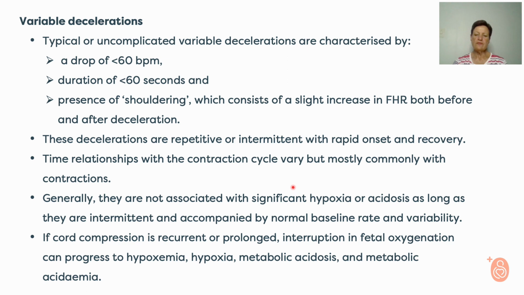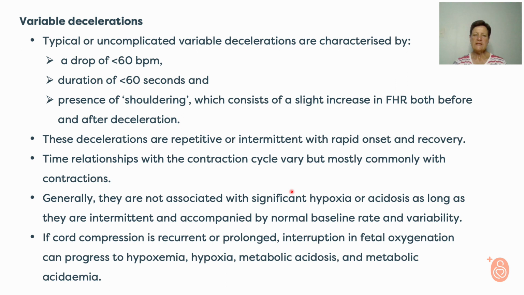Remember, we've also said in lesson 4 that in most cases they're not associated with hypoxia. They are associated with changes in the blood pressure of the fetus because of this occlusion of the umbilical cord. The trigger for the deceleration is a baro-pressure difference and has nothing to do with hypoxia.